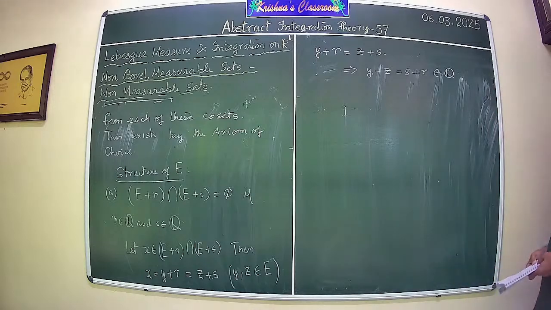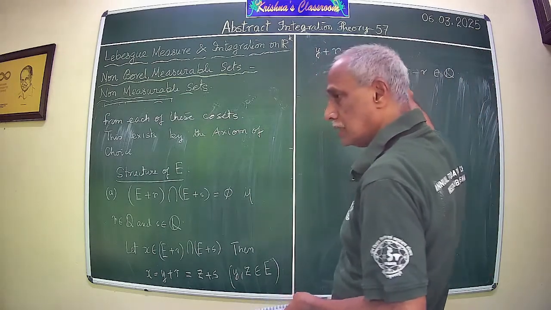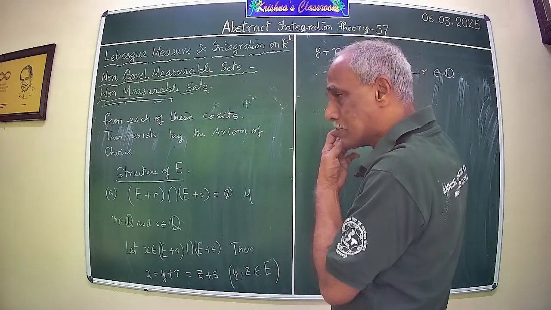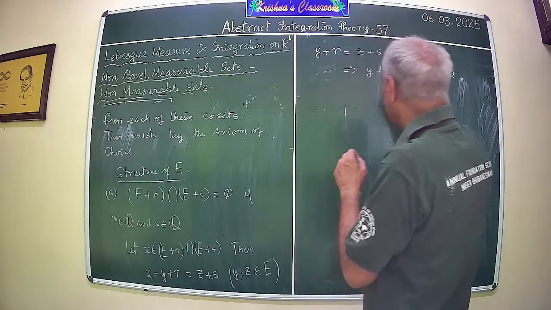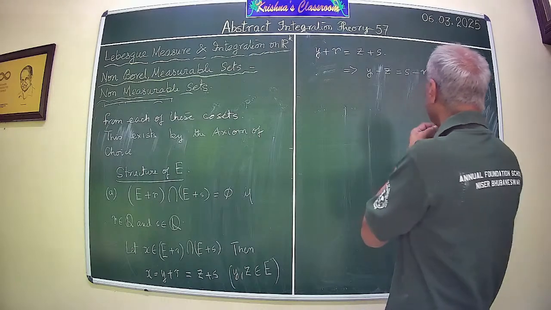Okay, what does this mean? See, y and z are in E. They cannot be in the same coset because there is exactly one element chosen from a coset. But what does this say?